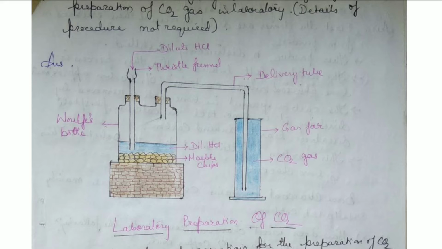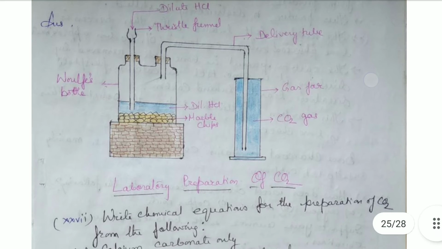From one mouth a thistle funnel is attached, through which dilute hydrochloric acid is dropped, and marble chips are kept inside the Wolf's bottle. Through the other mouth a delivery tube is inserted, with its other end inserted inside a gas jar.